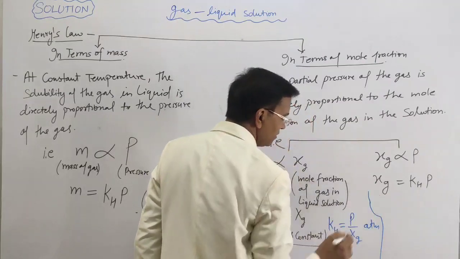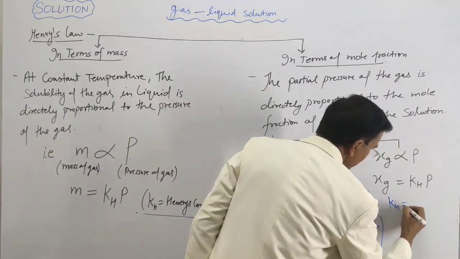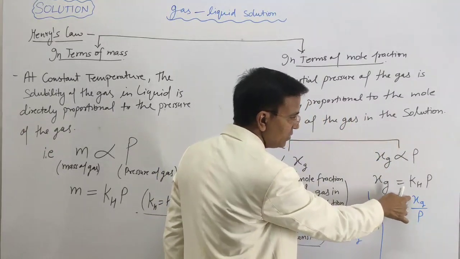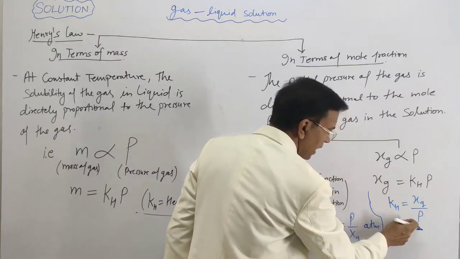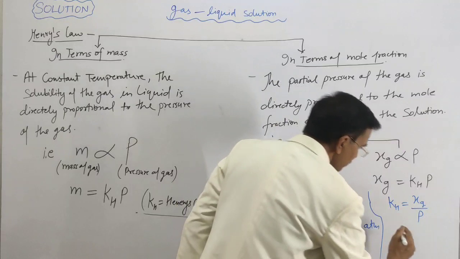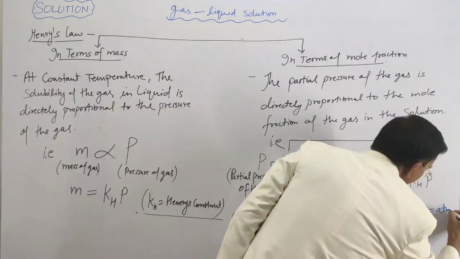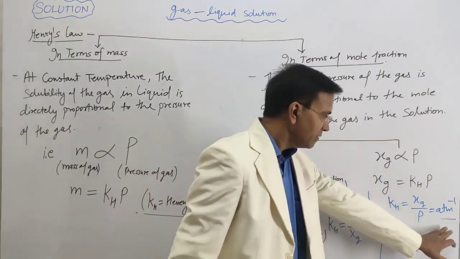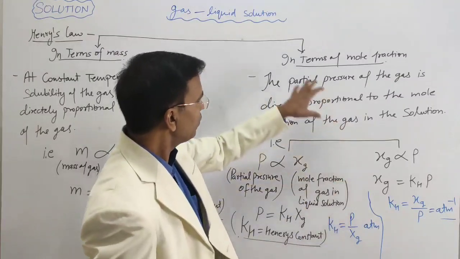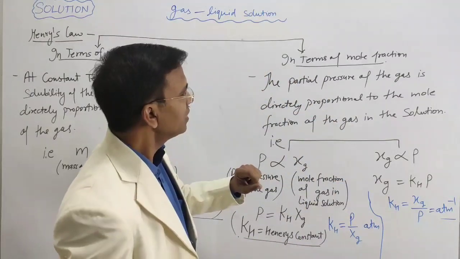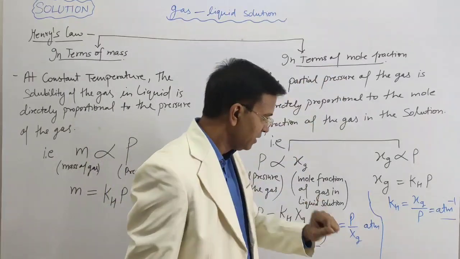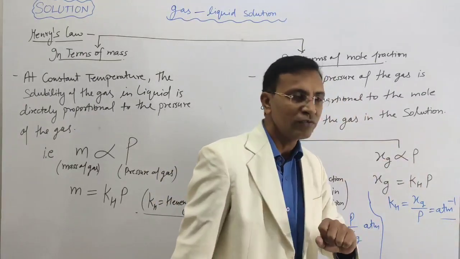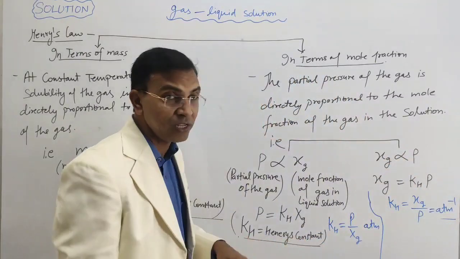Now in this condition, kH is equal to X gas upon P. Mole fraction doesn't have any unit, pressure is atmosphere, so atmosphere minus 1 means inverse atmosphere. The unit will be atm minus 1, right? So two types of units can be made with the help of this explanation of Henry's law in terms of mole fraction. The unit of kH may be atmosphere, or it may be inverse of atmosphere, that means atm minus 1.